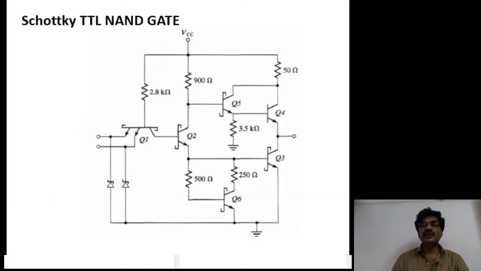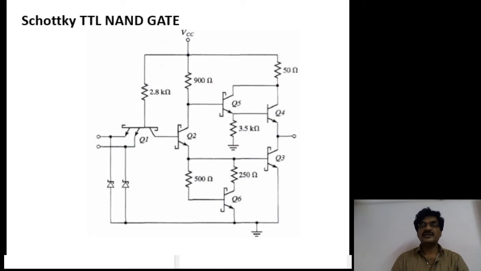Now let us see the construction of the Schottky TTL NAND gate. The circuit is almost equal to the totem pole NAND gate.